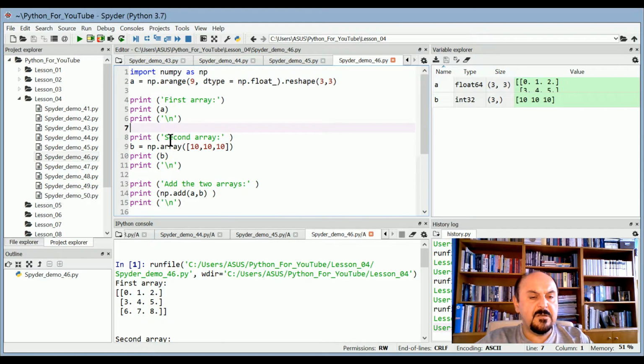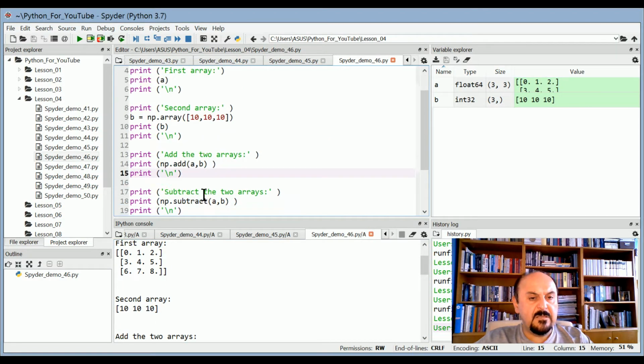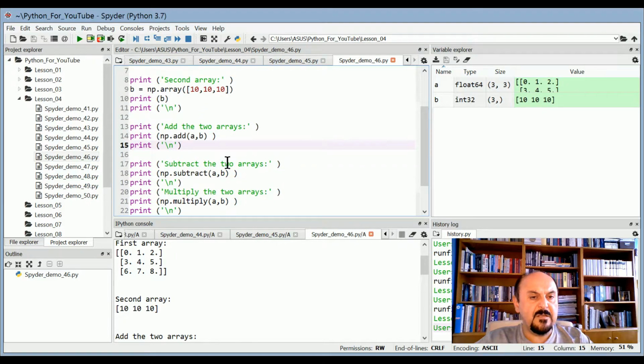In our second array, I define another array, so as to have 10, 10, 10, 3 members. And it's printed, and I'd like to add two arrays. This is the structure. Add A, B, and after that I print it. Or you may prefer to assign this value to one variable, and after that you can print it.